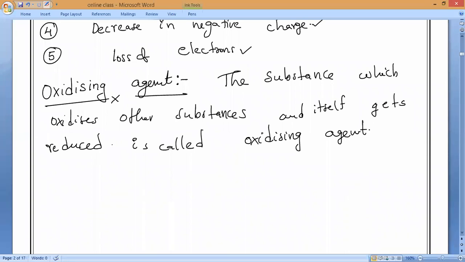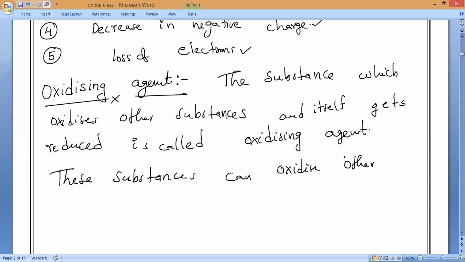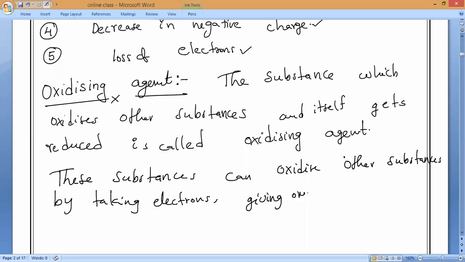Please keep in mind, these substances can oxidize other substances by taking electrons, or giving oxygen, or by taking hydrogen.